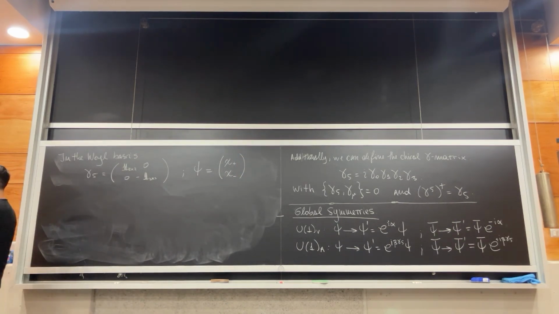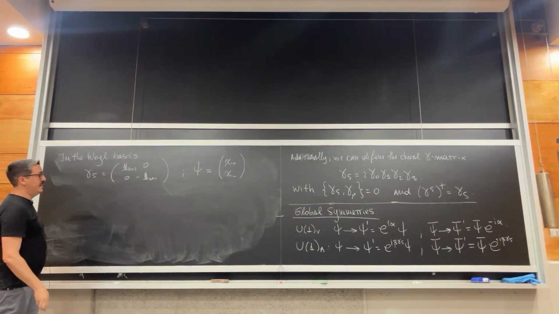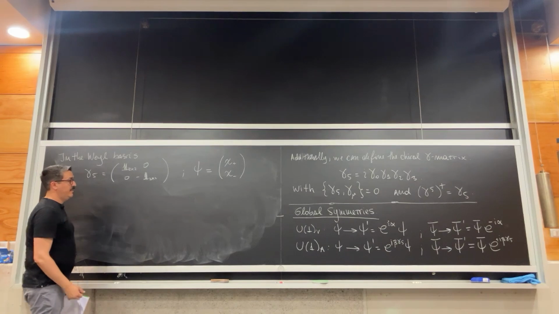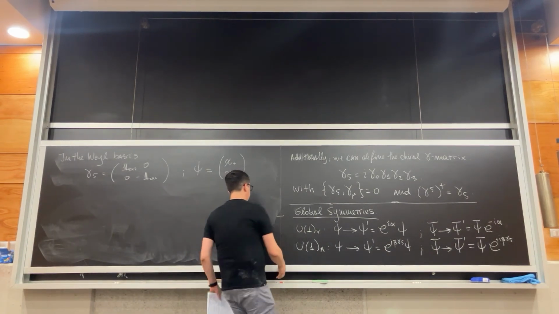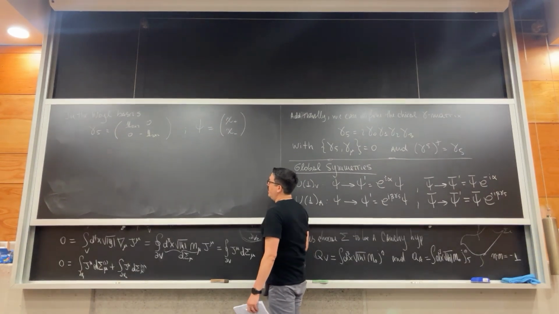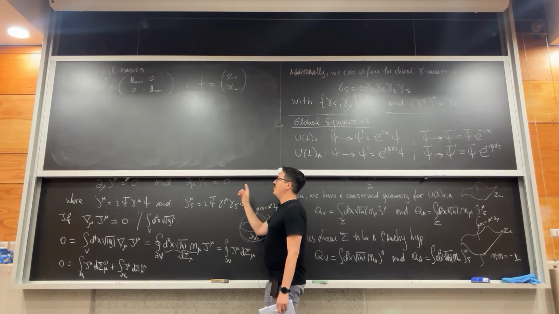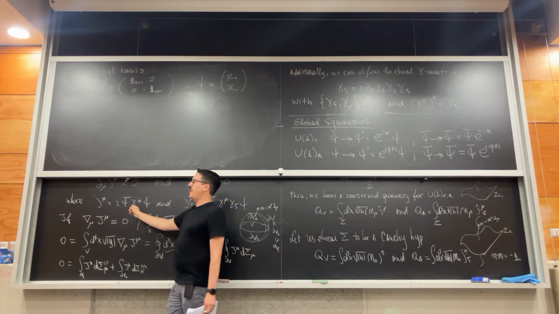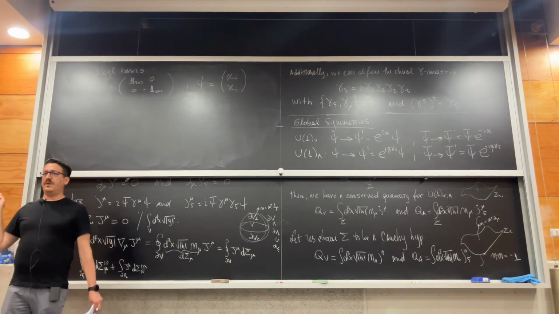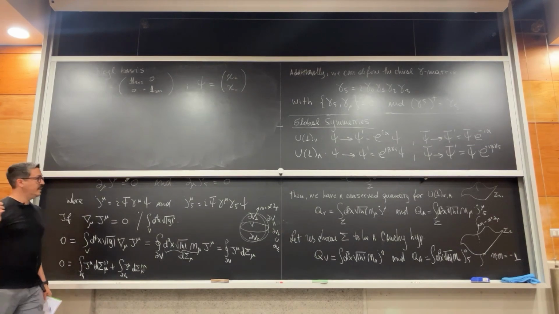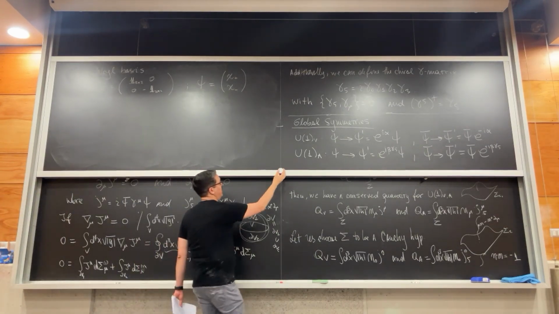Okay? So using this notation, recall that the conserved currents are these ones. I will compute the 0 components of these 2 currents, using the chiral basis.